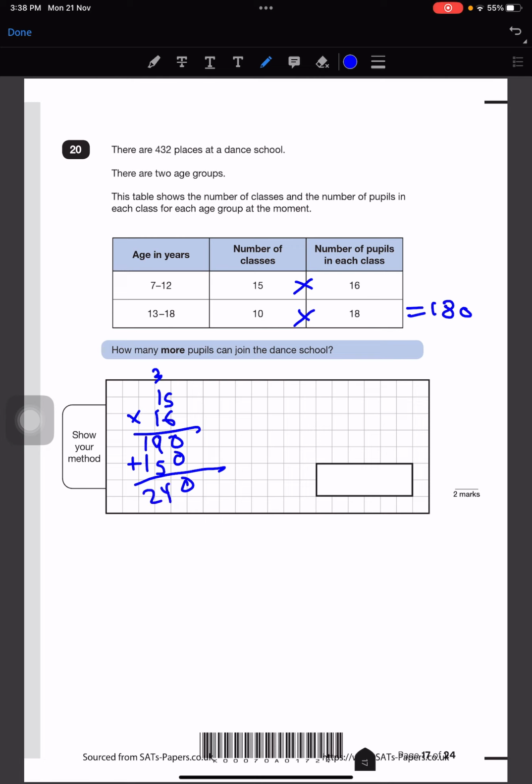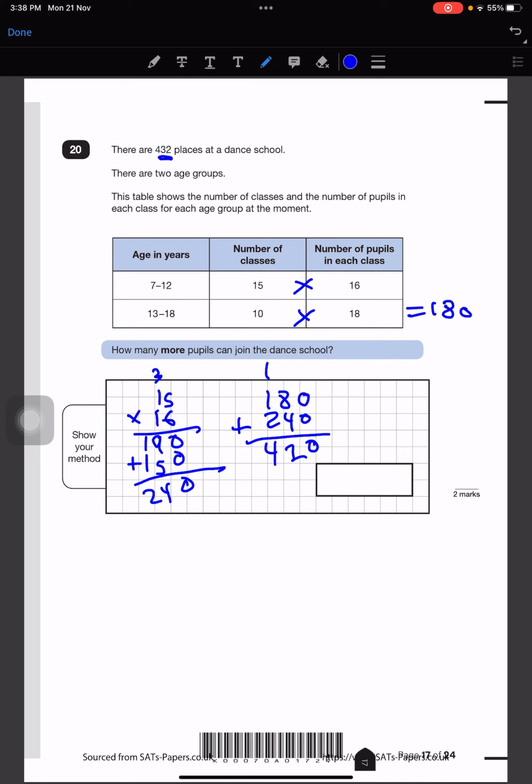This is what we get, and now we need to add them together and then subtract from this number right here. So let's do that. 180 plus 240. 0, 8, 9, 10, 11, 12, 2, and then 2 plus 2 is 4. So this comes.